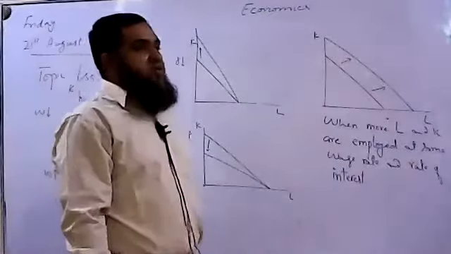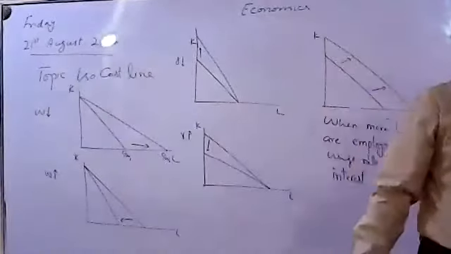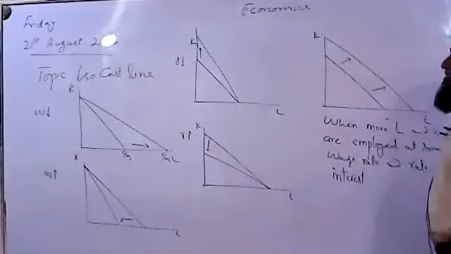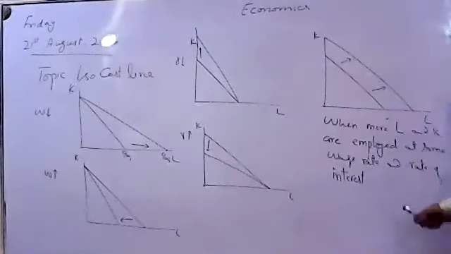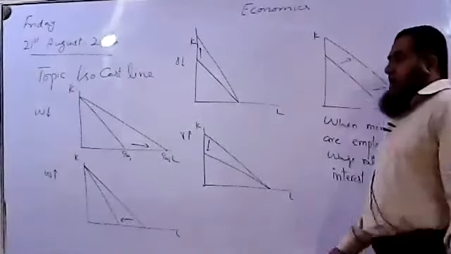Why do I say it is a parallel outward shift? Because the slope is not changing. The relative prices of labor and capital are the same. That's why we are having a parallel outward shift.